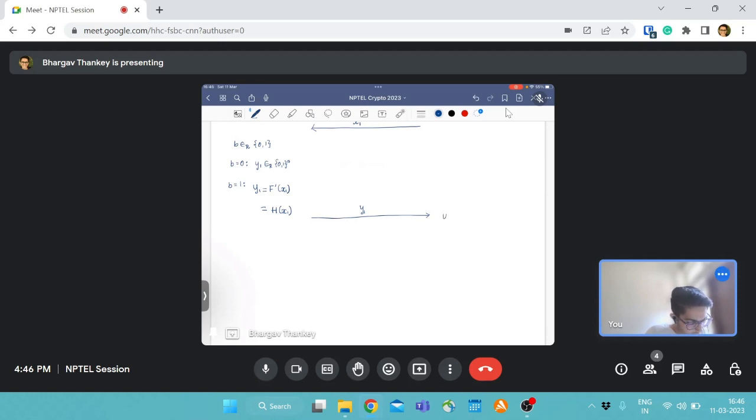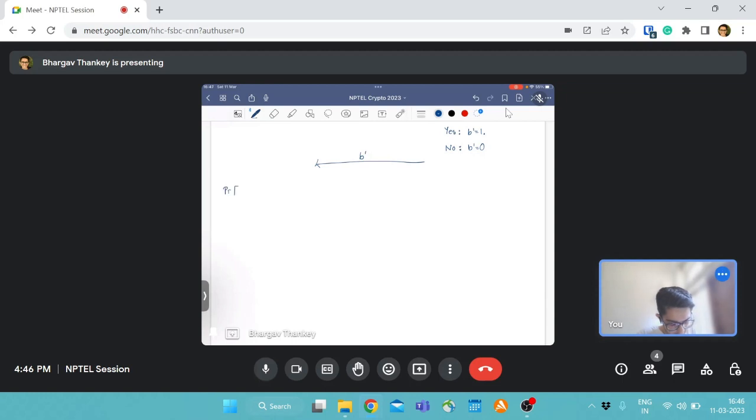It checks whether Y1 equals H of X1. If yes, the distinguisher sets B prime to 1. No, otherwise it sets B prime to 0, and sends B prime to the verifier.